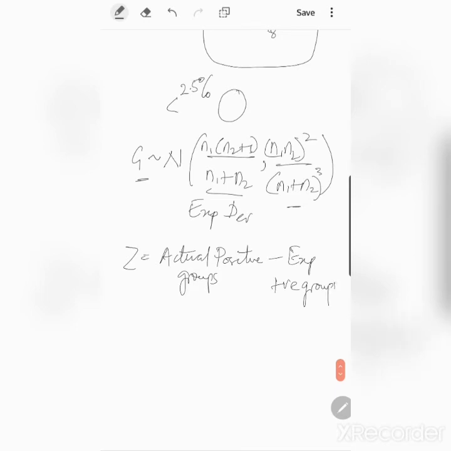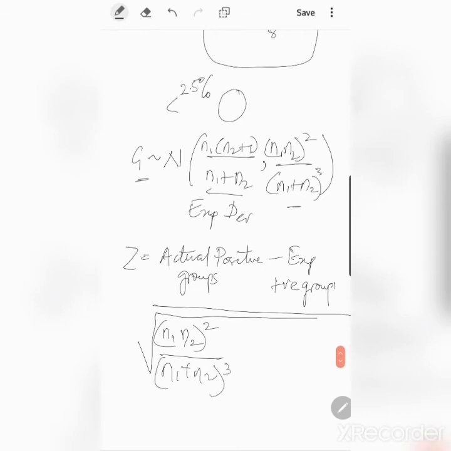So the expected is n1 plus n2 and the standard deviation of the number of positive groups into all squared by n1 plus n2 cubed.